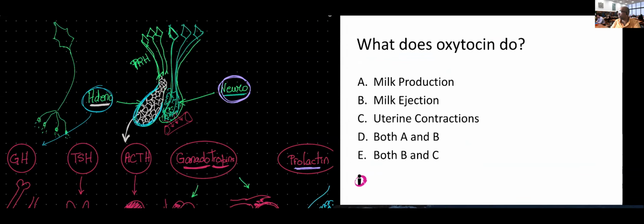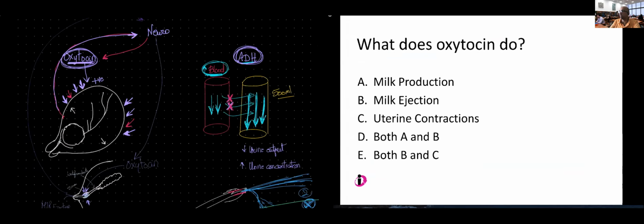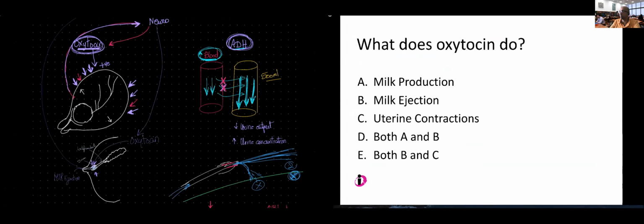All right, so what does oxytocin do? Is it milk production, milk ejection, uterine contractions? Which one is a function of the oxytocin? Do I allow milk production? Yes or no?